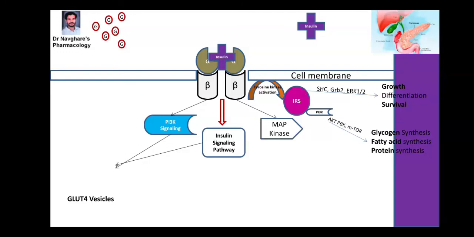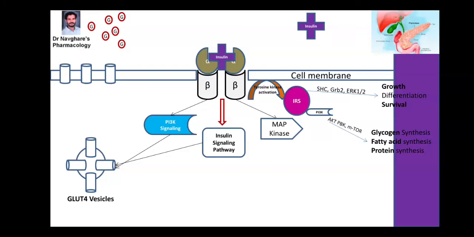Via the insulin signaling pathway and PI3 signaling, insulin after binding to the receptor causes conformational changes and mobilization of GLUT4 vesicles from the cytoplasm towards the cell membrane. So this is the mobilization process of GLUT4 vesicles from cytoplasm to the cell membrane.